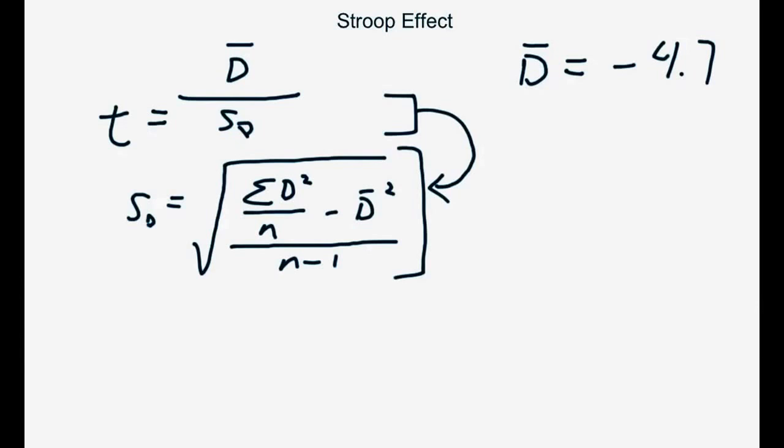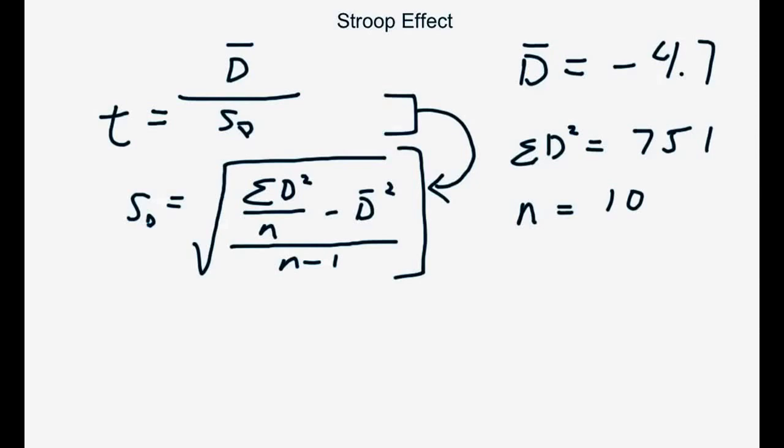If we add all of those up, we end up with the sum of differences squared, which was 751. Now we can plug in all the numbers that we have. Incidentally, n was 10. So we can plug in those values to our formula.